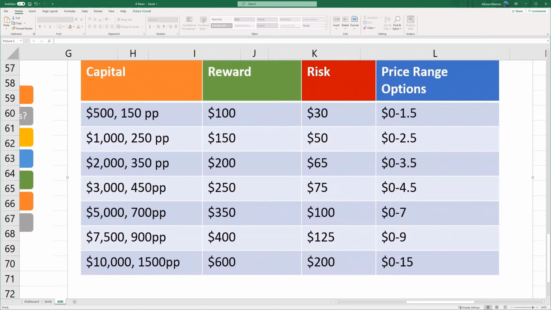If you see here, for example, a $2,000 account, maximum position is 350, and we're going to risk $65 to make 200. The $65 is going to be your stop, and 200 is just 3 to 1, right? 65 times 3, more or less $200. And the price range on options tells you what I'm going to be able to buy: only from 0 to $3.5 options. 3.5 is going to be only one contract, right?